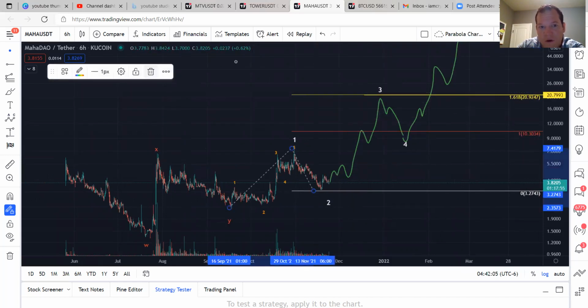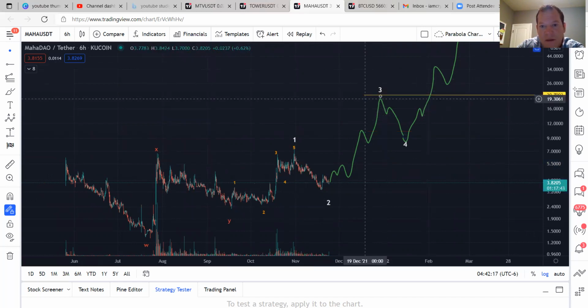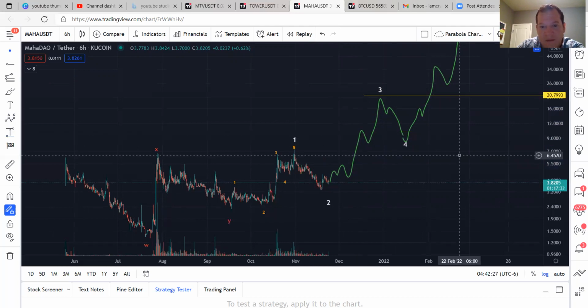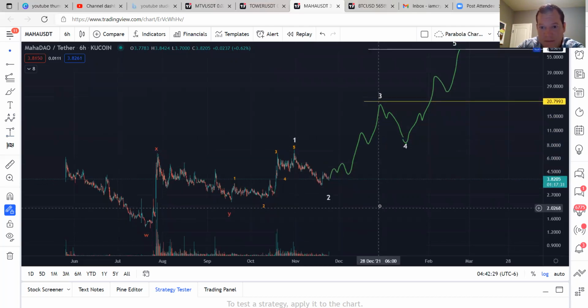I mark my 3s with a yellow line to indicate that is a 3, a macro 3, or a 3 of some degree on some level. This happens to be the macro 3 that I'm seeing here. And that macro 3 is at $20. So from where we're at right now, I'm seeing this going up 450% roughly, at minimum.